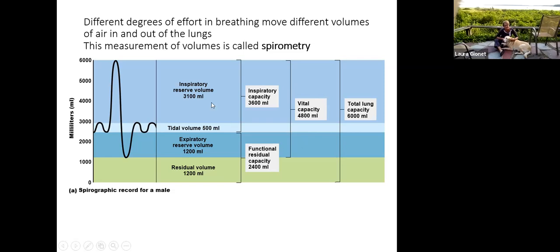That's your inspiratory reserve, your tidal volume, and your expiratory reserve. Then tidal volume plus inspiratory reserve is your inspiratory capacity. Your functional residual capacity is expiratory reserve volume and residual volume. So if you look at those little brackets, it's just dividing those volumes differently into groups, which we call capacities.